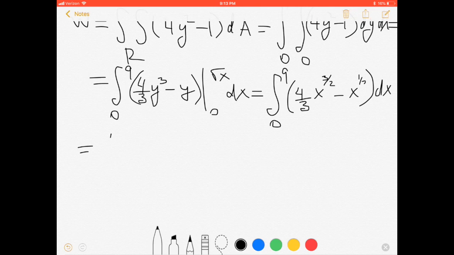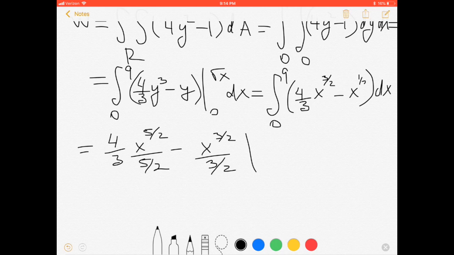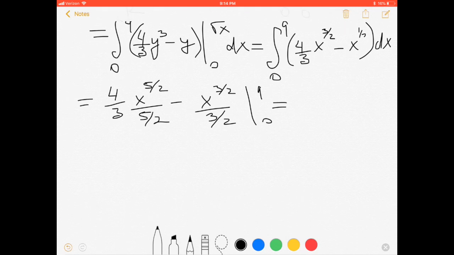If we integrate, this will be 4/3 x to the new power 5/2 divided by 5/2, minus x to the 3/2 power divided by 3/2, from 0 to 9. Continue.